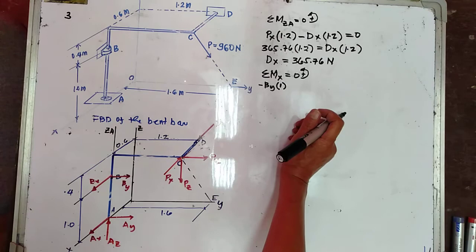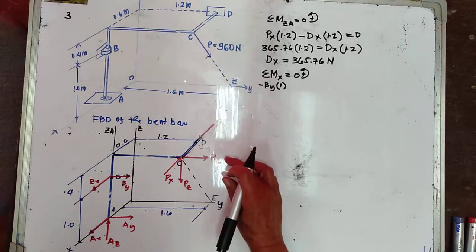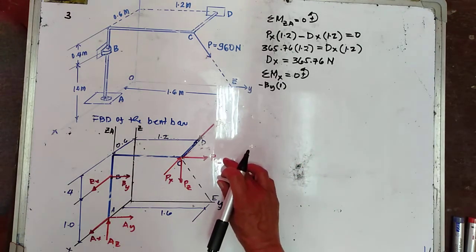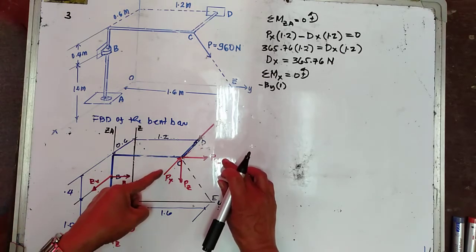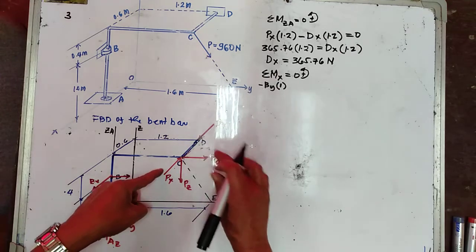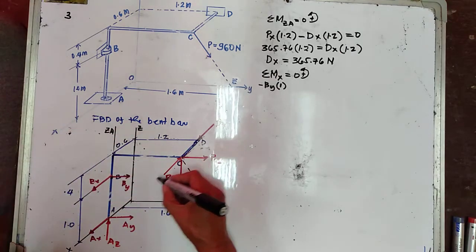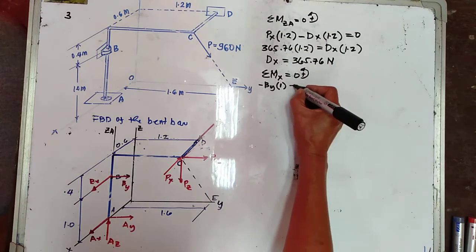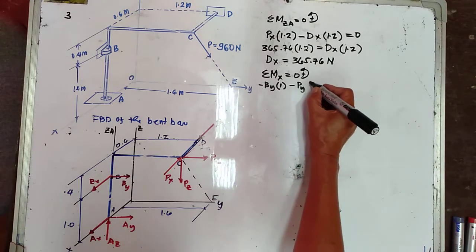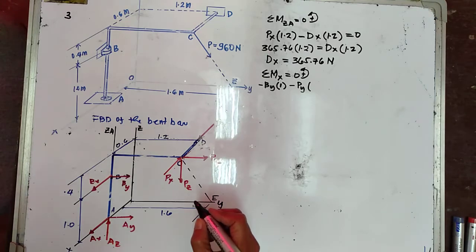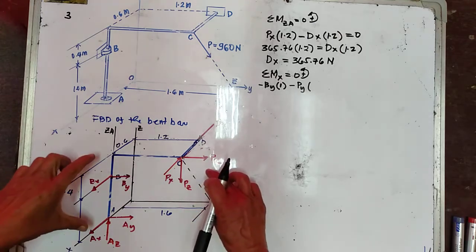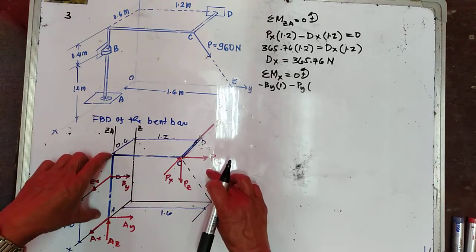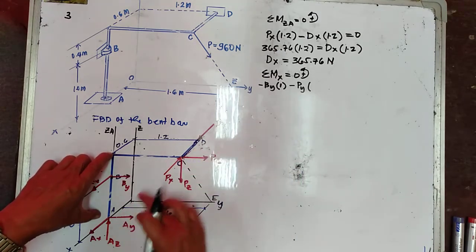Now, next is your py. So your py, the moment of py about the x-axis is going clockwise if you try to prolong the x-axis in here. So that is minus py, and the moment arm is now equal to 1.4. So that is your py about the x-axis.